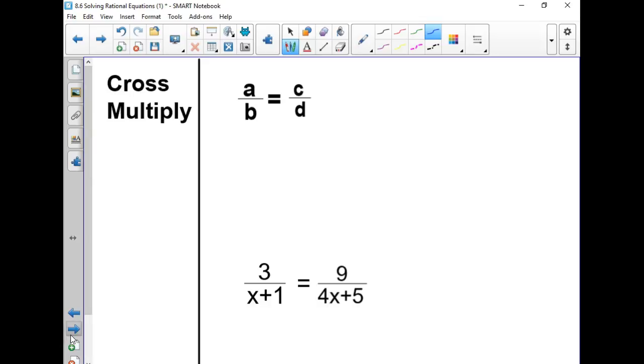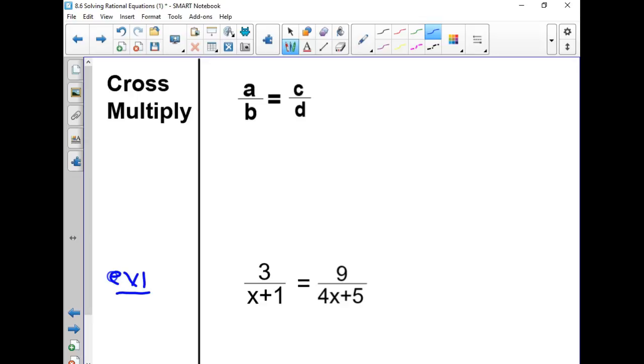I want to remind you about cross multiplying. You may see a problem like the problem below. Example 1, we're going to call it 3 over x plus 1 is equal to 9 over 4x plus 5. Just simplify 3 over x plus 1, so that you can see it, because they equal the same thing.